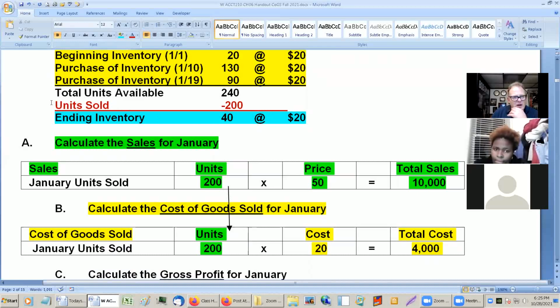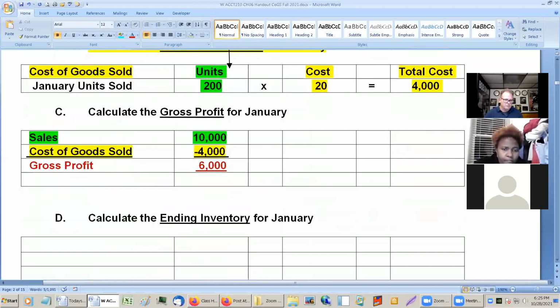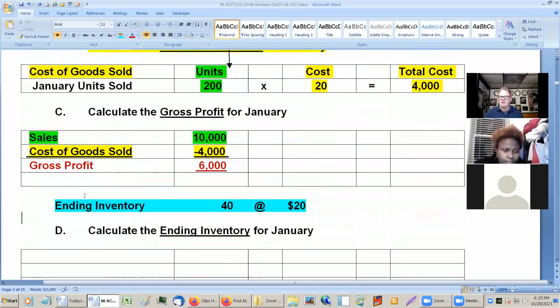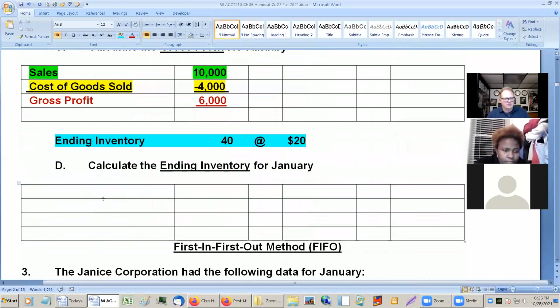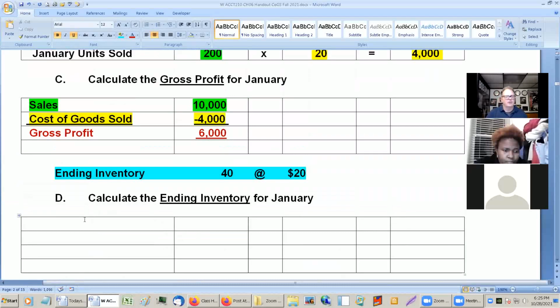So I'm just going to copy that one down. I should be able to remember that, but based on my track record tonight, maybe we better. So this will be our ending inventory.